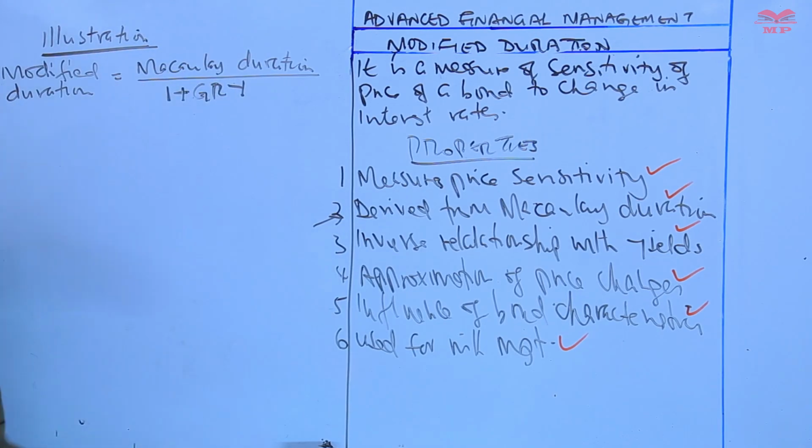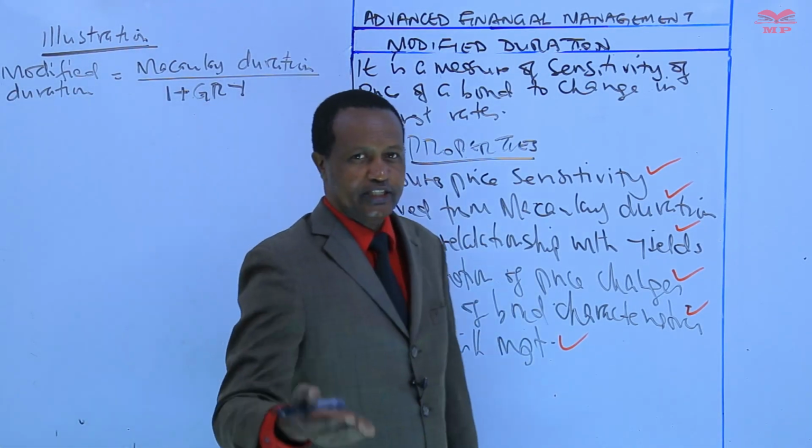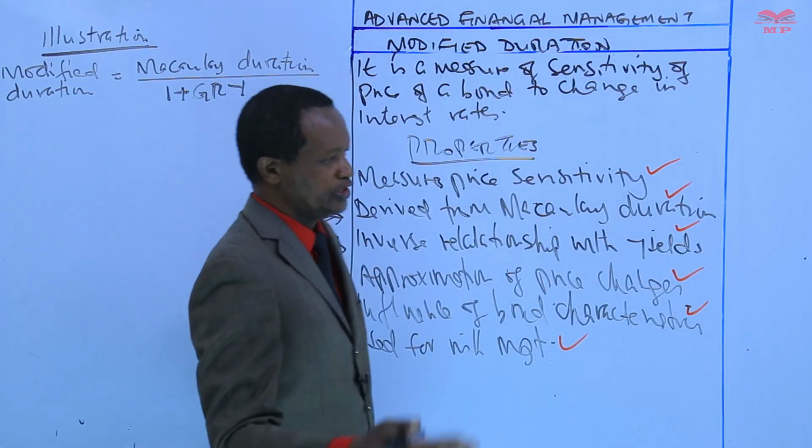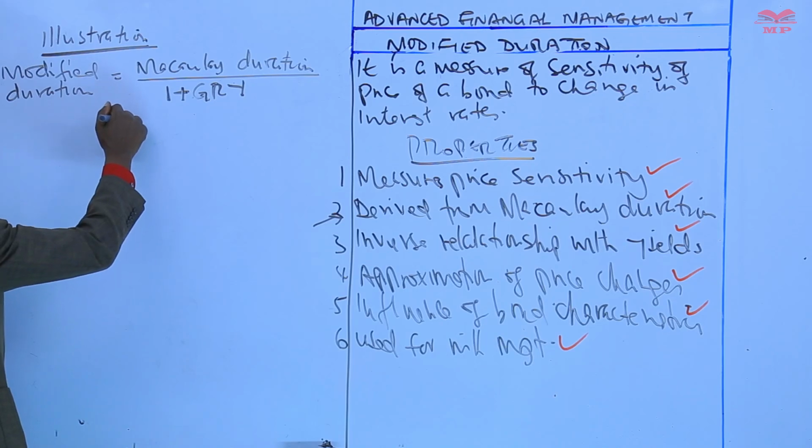So that is the formula for modified duration. It is Macaulay duration divided by 1 plus GRY, which stands for the gross redemption yield.